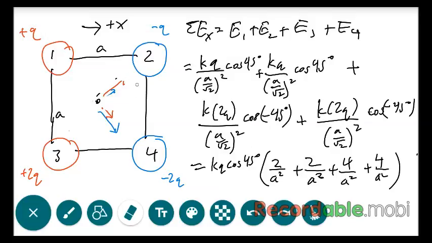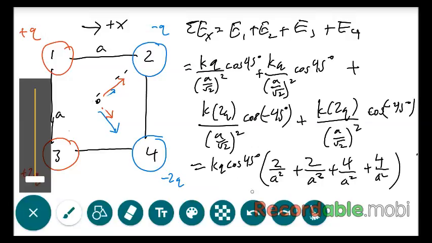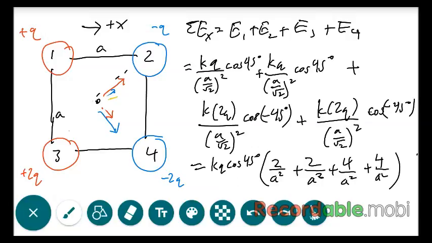The electric field exerted by particle 2, this blue arrow right here, is counteracted by particle 1's electric field, which is pointing diagonally 45 degrees downwards, and they're both of the same magnitude since their charges are the same. Therefore, they would just cancel out.